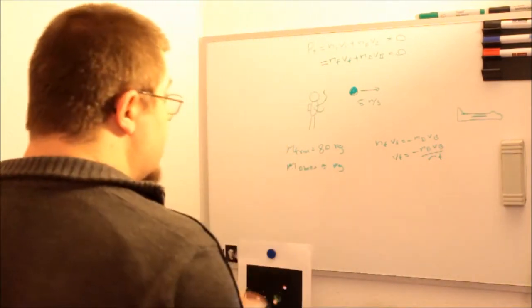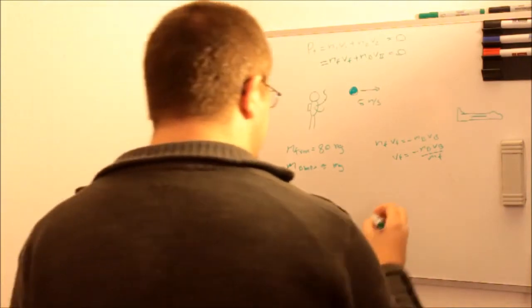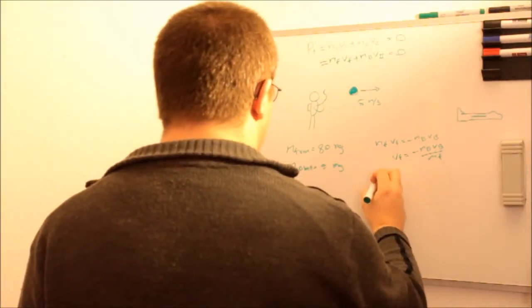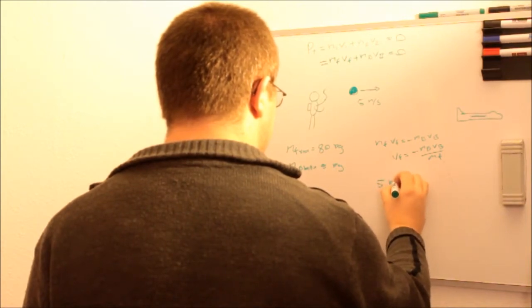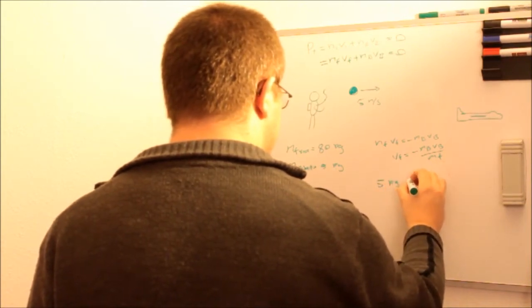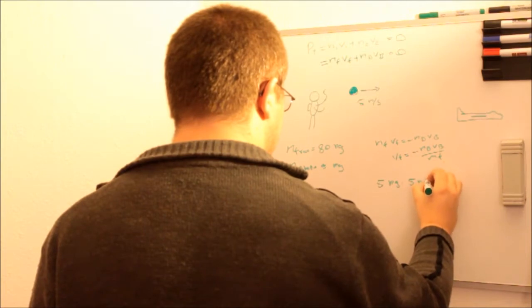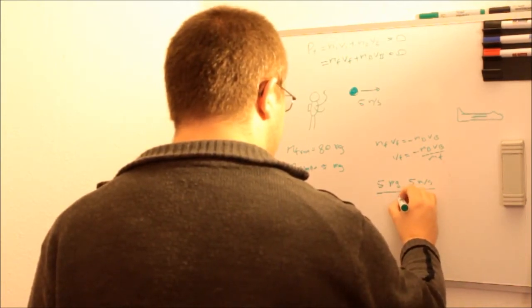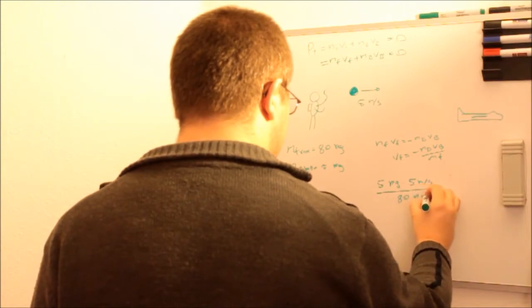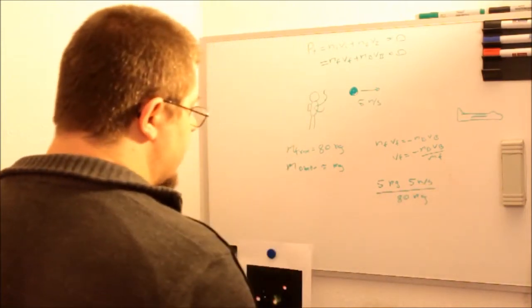And now we have it. We just have to plug in the numbers: 5 kilograms times 5 meters per second divided by 80 kilograms.